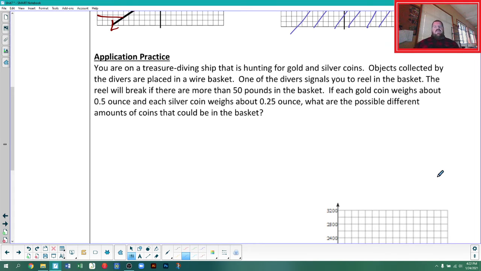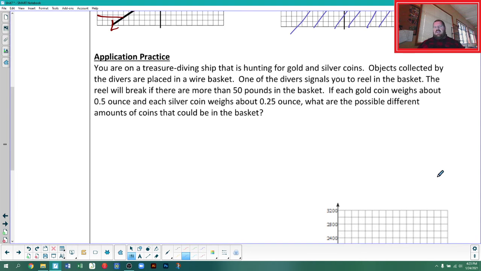One of the divers signals you to reel in the basket. The reel will break if there's more than 50 pounds in the basket. If each gold coin weighs about half an ounce and each silver coin weighs about a quarter ounce, what are the possible different amounts of coins that could be in the basket?